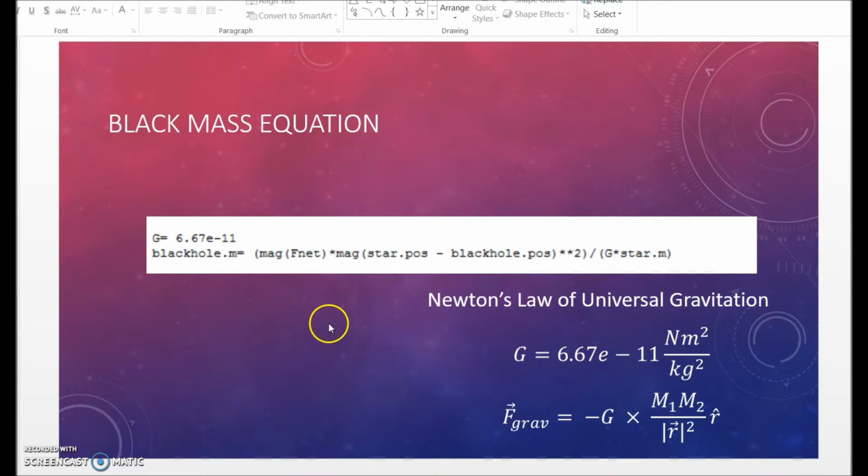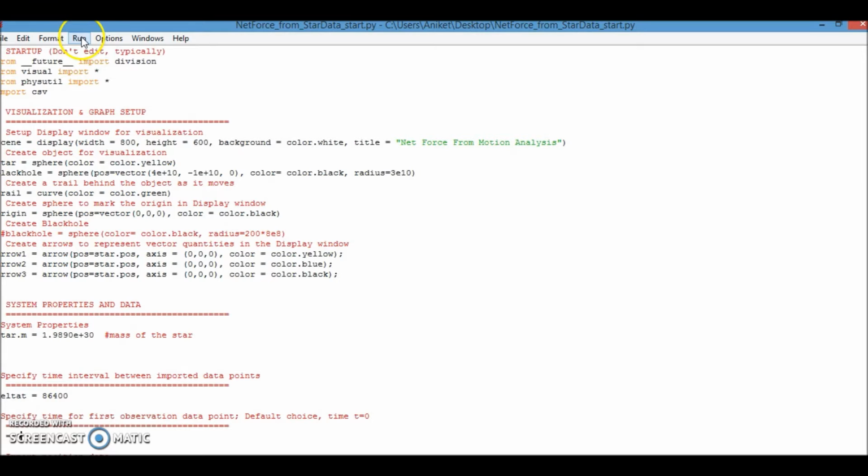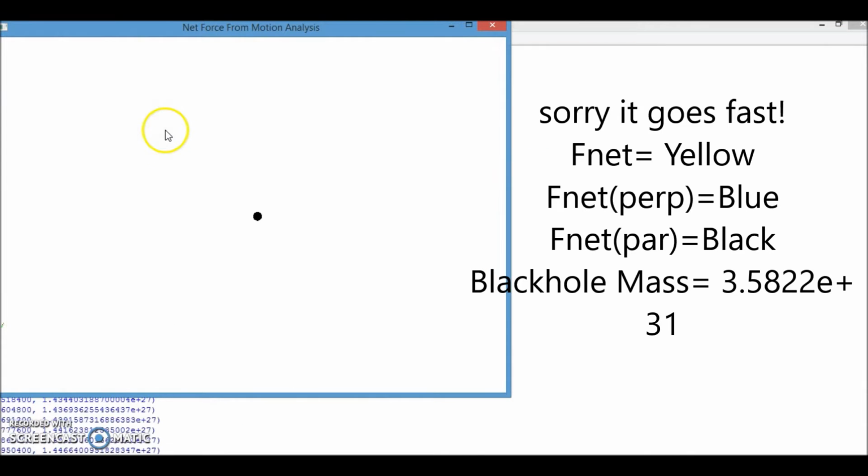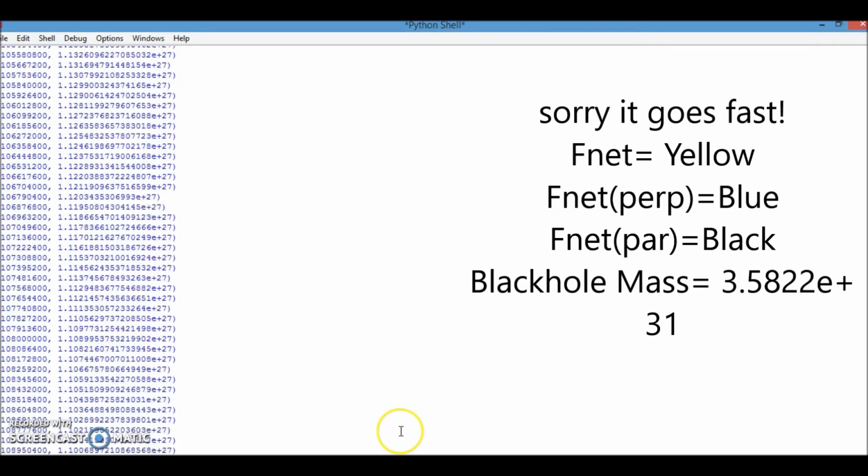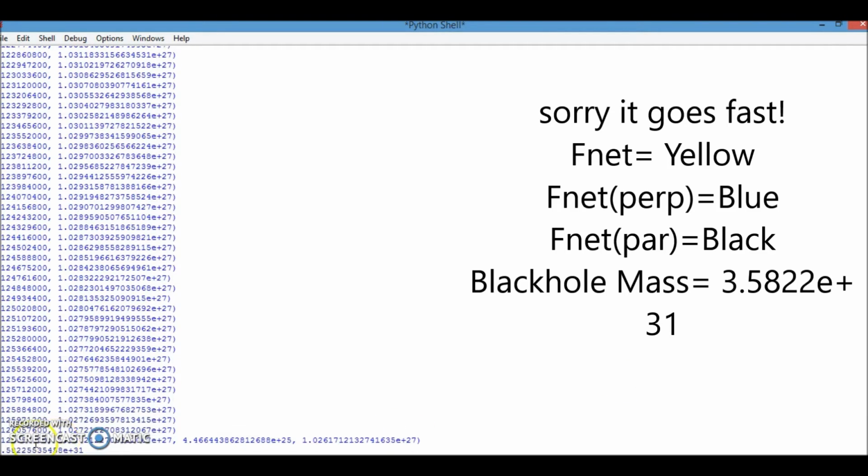Basically I rearranged that and I got that equation. So this is what happens when I run the program. The yellow is the F net, the blue is the F net perpendicular, and the black is the F net parallel. And my mass for the black hole is given right here, 3.5822 times 10 to the 31st kilograms.